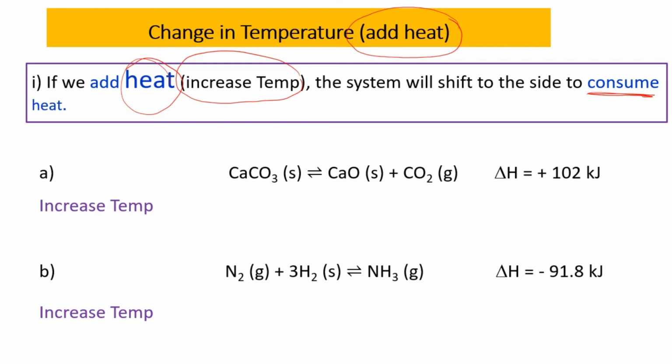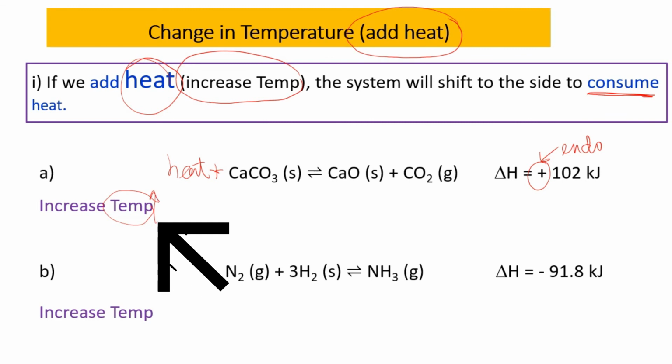So we have to look at the system, whether this is an endothermic or exothermic process. Let's look at the first example, A. Delta H is positive. Positive means endothermic. Endothermic means heat is coming in, so we need to absorb heat. We put the heat on the left hand side and treat heat as one of the reactants for this process to occur. Now let's say we increase the temperature.